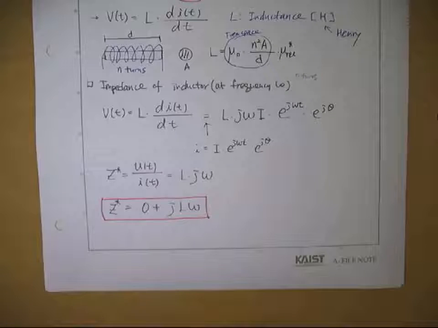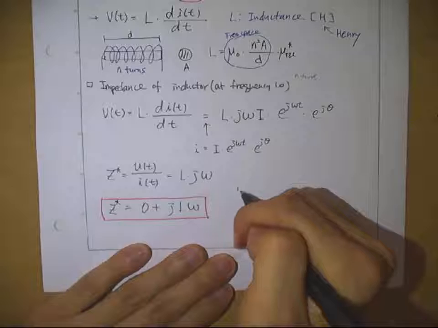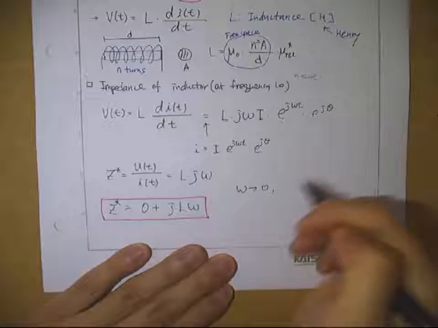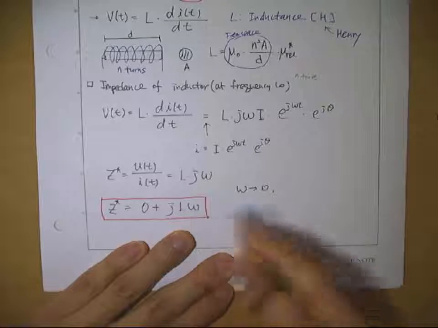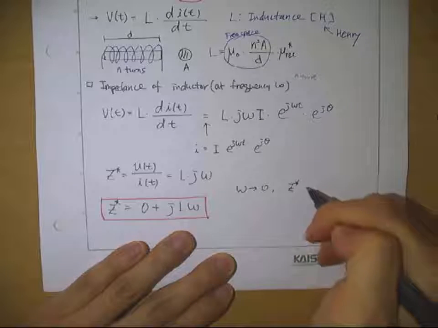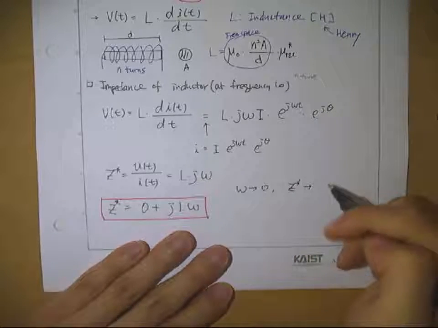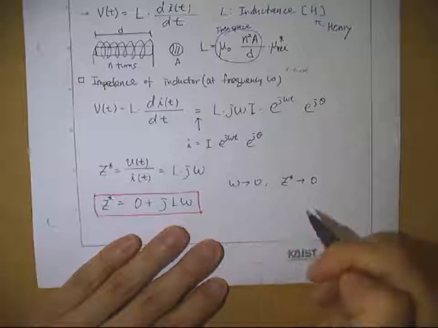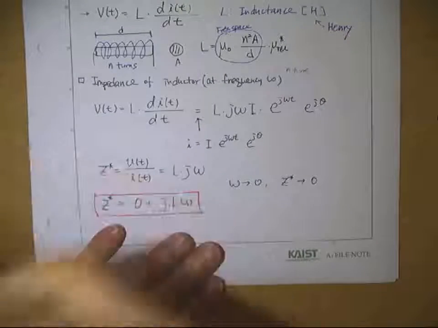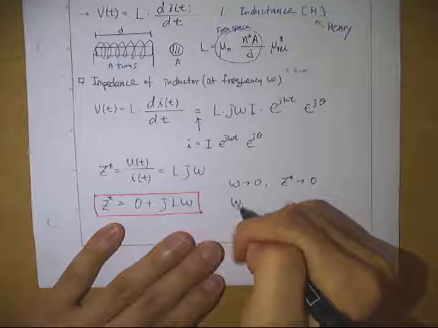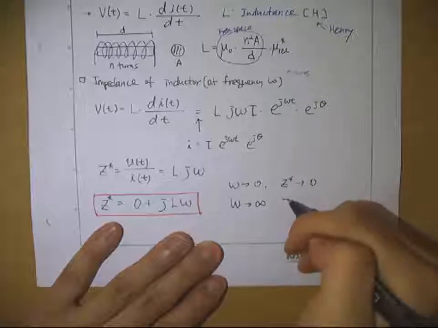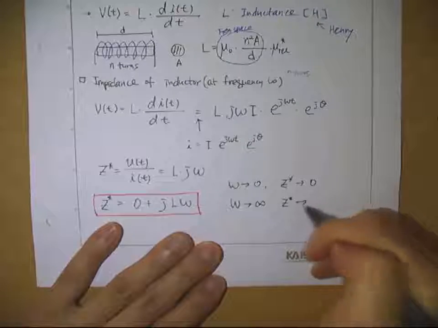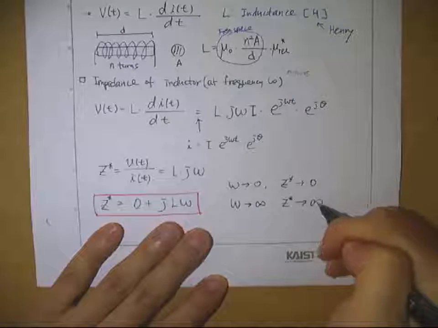Right? So when the frequency goes to 0, what happens to Z? As omega goes to 0, Z will also be 0, right? So at DC, it doesn't have any resistance. Then when you have increasing frequency, Z also will increase proportional to the frequency. Right?